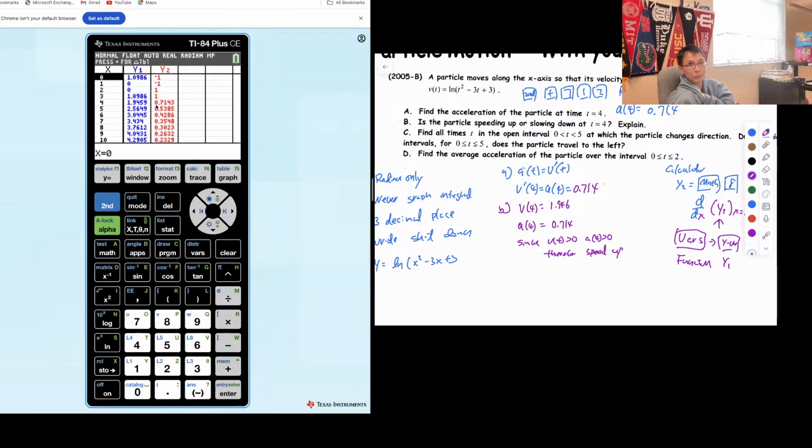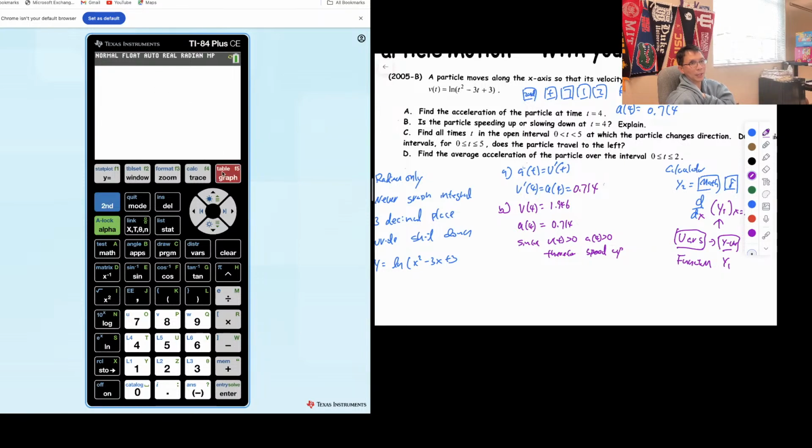However, what if today I say I want to find out what happened at 1.5? My table is 1, 2, 3, 4, and I don't know how to get 1.5. So I'm going to click second table set, second window, and then go to input. Instead of auto, I will say ask. So click ask.